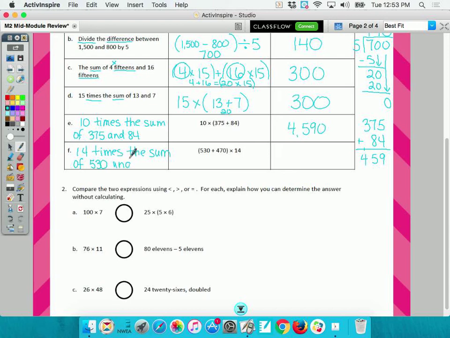Good. Daniel, did you add those two together already? What do they equal? 1,000. So if I add these two together, it's 1,000. Oh, thank goodness, I can do that in my head. What is it, Daniel? 14,000.